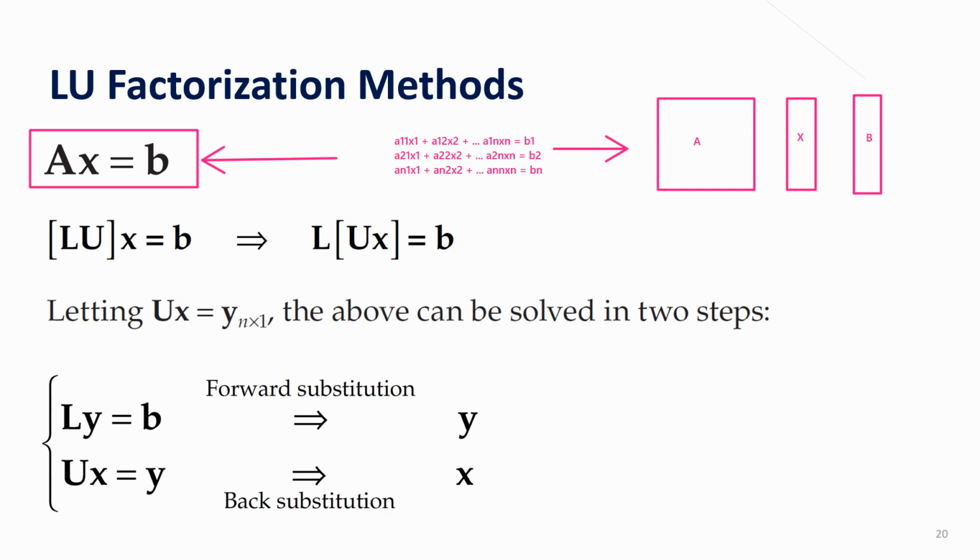In the Gauss elimination approach, we try to transform this matrix, which we represent in the form of an augmented matrix like this one.